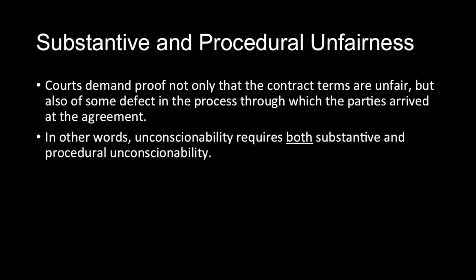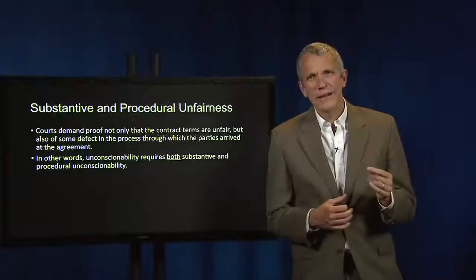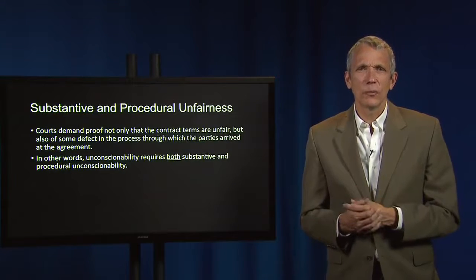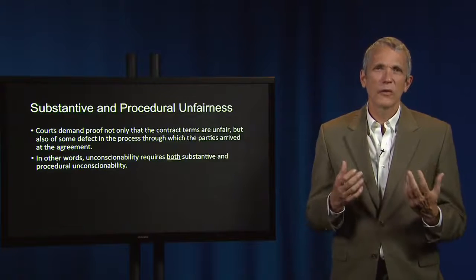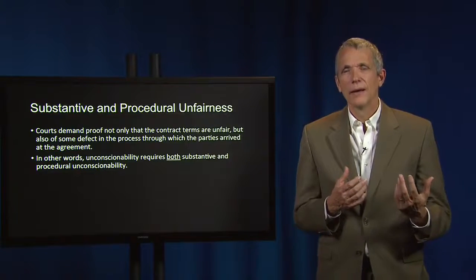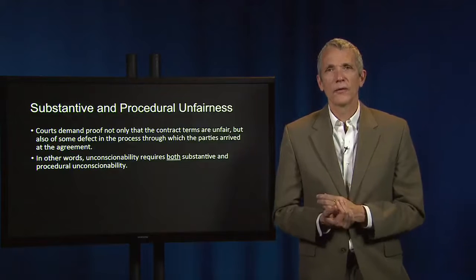In other words, although the unconscionability doctrine focuses on what the contract's terms are, this is substantive unconscionability, courts must also consider and find some degree of procedural unconscionability, some defect in the process of its formation. The excerpt from Fleet illustrates this point. The court considered factors other than the simple disparity between the price paid and the market value of the services.